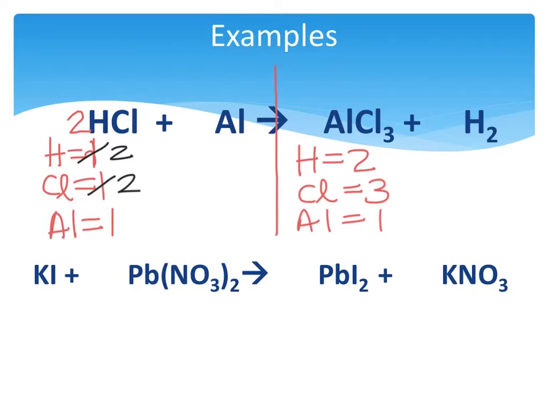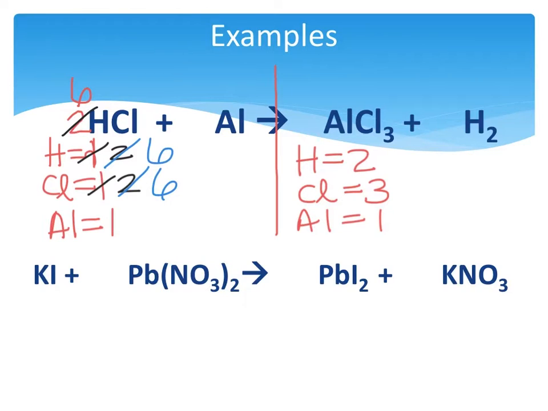We've already multiplied this by 2 to get the 2, so we have to multiply this again by 3 to get 6, because 3 times 2 gives me 6 chlorines. So instead of just leaving the 2 there, we're going to X that out and put a 6 above it. Now that also affects the hydrogen, so that's now 6. And now my chlorine is 6.